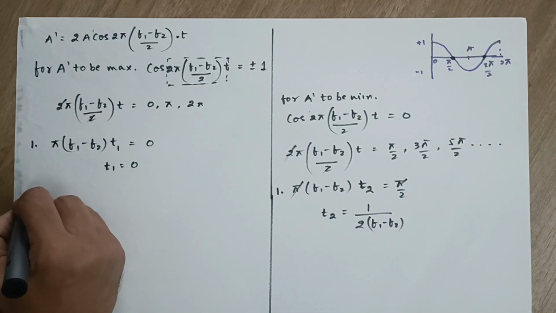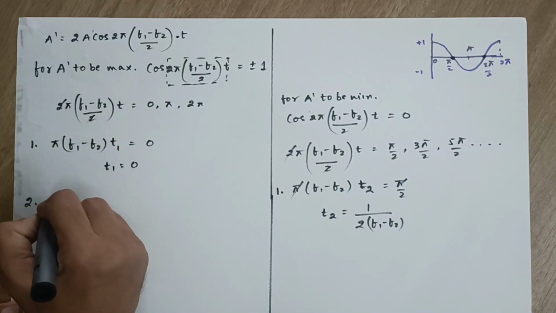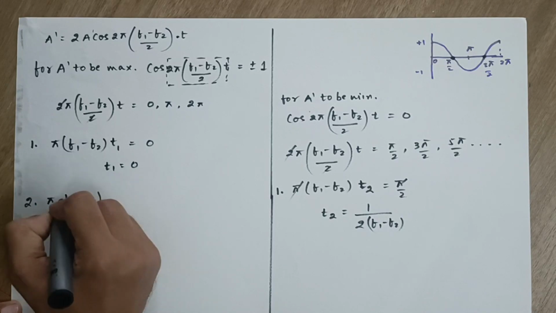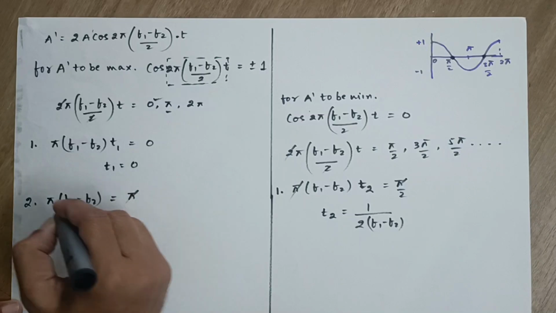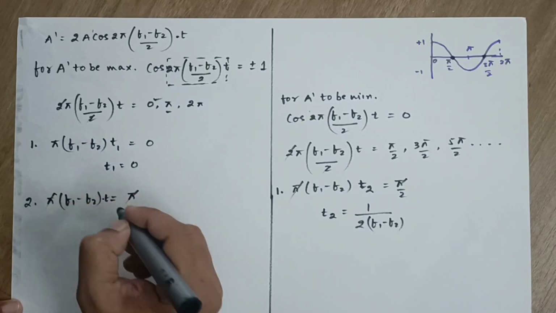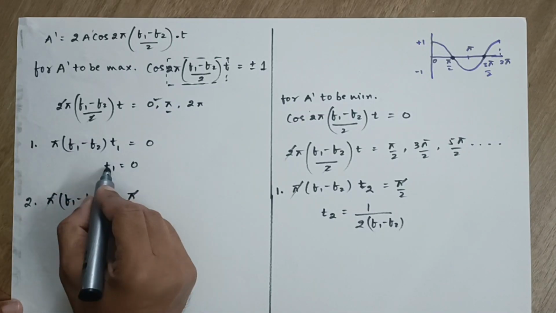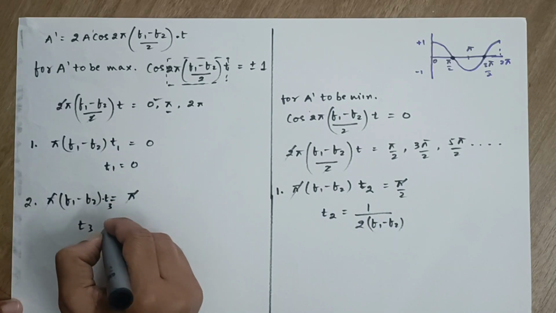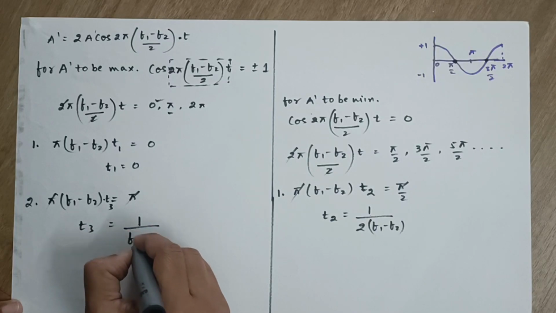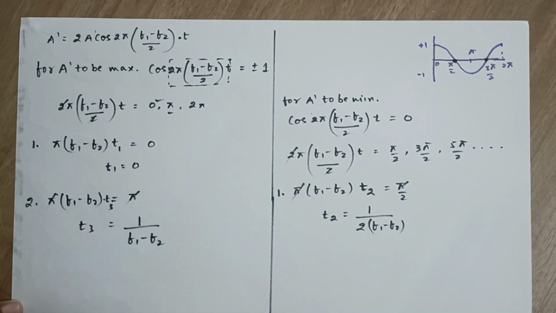Now the second loud sound is at pi (f1 minus f2), and pi gets cancelled. Okay, I always keep on forgetting this one. I'm going to write down t1, then t2, and then t3. So again, t3 value is 1 upon (f1 minus f2), right?